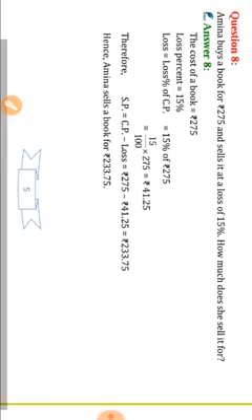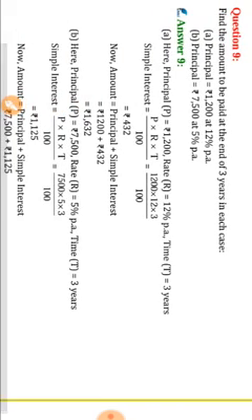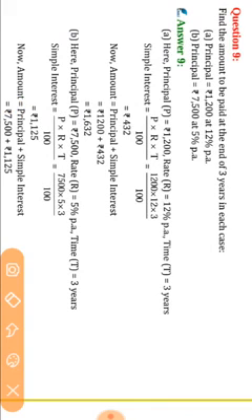Okay. Then the ninth one: find the amount to be paid at the end of 3 years in each. So principal is 1200 at 12%. Amount means principal plus simple interest, so we have to find the simple interest. So 1200 into 12% into 3 years. PTR or PRT are both the same only. If you multiply, you'll get 432, and we have to add it to the 1200.